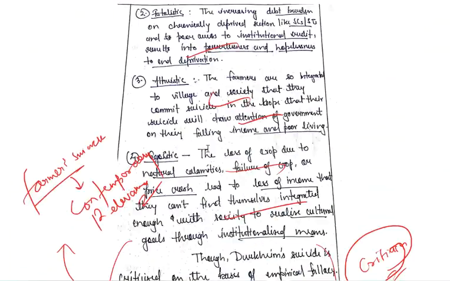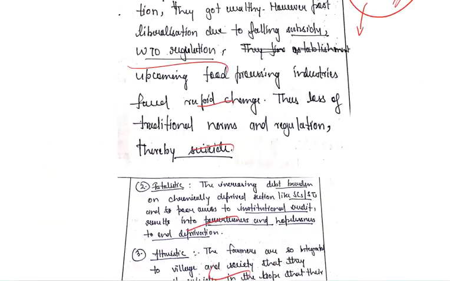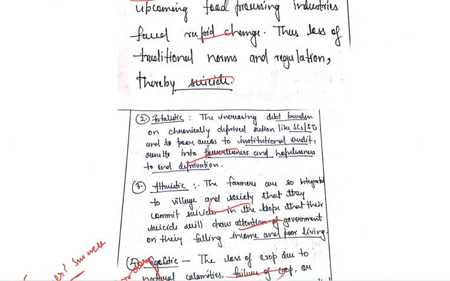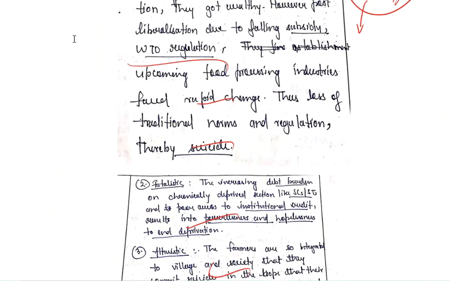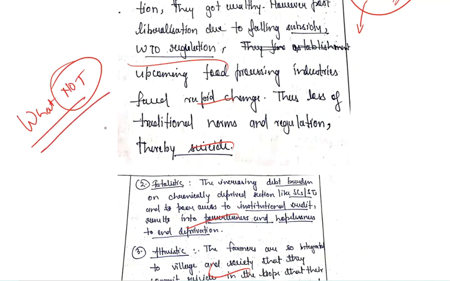Another important takeaway from this answer: please focus on what not to write in an answer. You have written almost everything that is required in this answer, but if you can filter out those few things that are not required, it will further improve the content alignment of your answer.